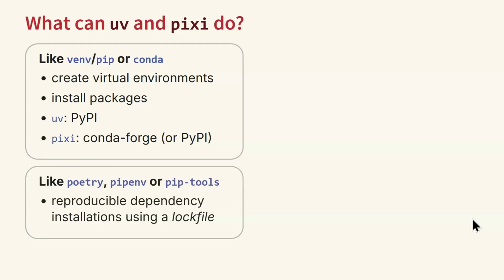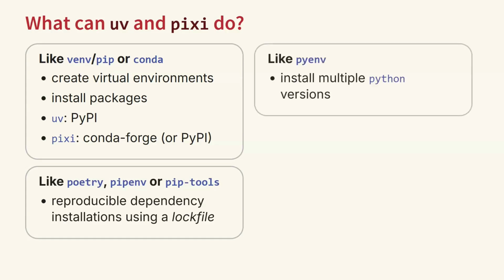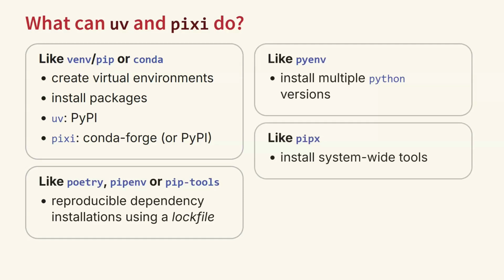If you've used a tool like Poetry, Pipenv, pip-tools, things like that before that do dependency management, UV and pixi work in the same way. So they allow you to produce reproducible dependency installations. That's what some of the previous talks have hinted at. And they do this using a lock file approach. More on that in a little bit. If you've used pyenv to install and manage multiple versions of Python on the same machine, they do that as well.